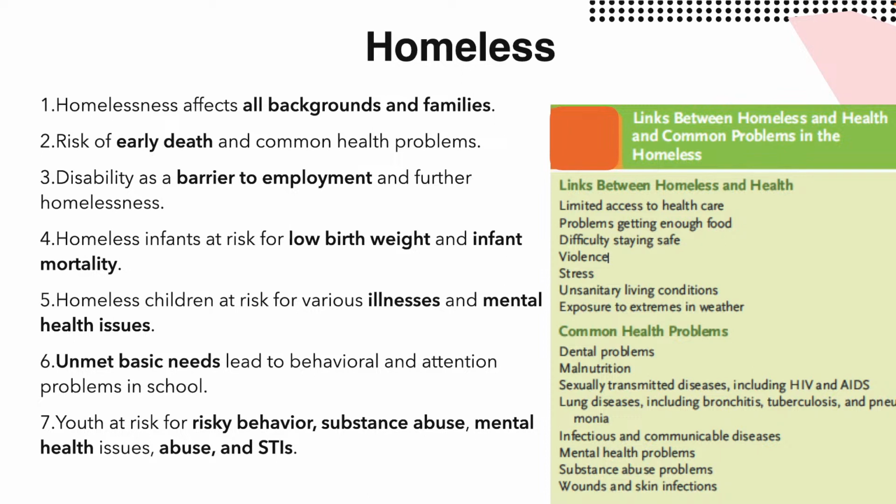In this population, we're going to have a risk of early death and common health problems, right? Disability is going to be a barrier to get a job, which can further worsen the homelessness, because you cannot get a job, you have no money. Makes sense that you might not be able to afford a home.